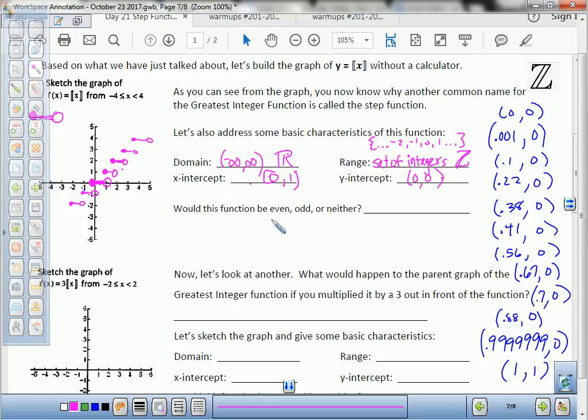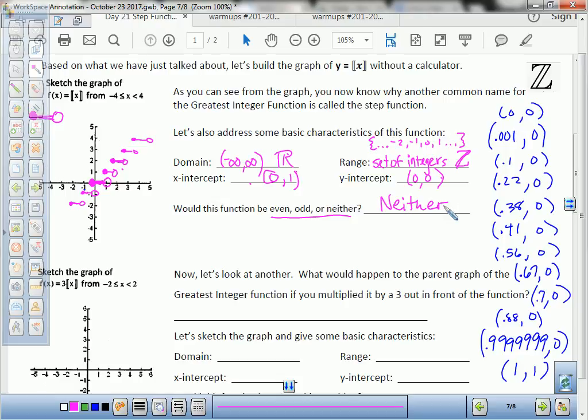Okay, now this is fun because we ask you on every single problem. But every single step function is neither. And let's talk about why. Because if we thought about symmetry graphically, one way would be to rotate 180. And if we did, think about what's going to happen with the closed and the open. If I rotate this 180 degrees, it switches.